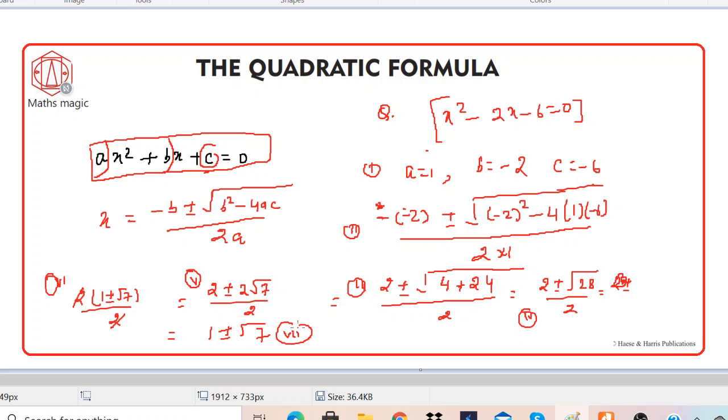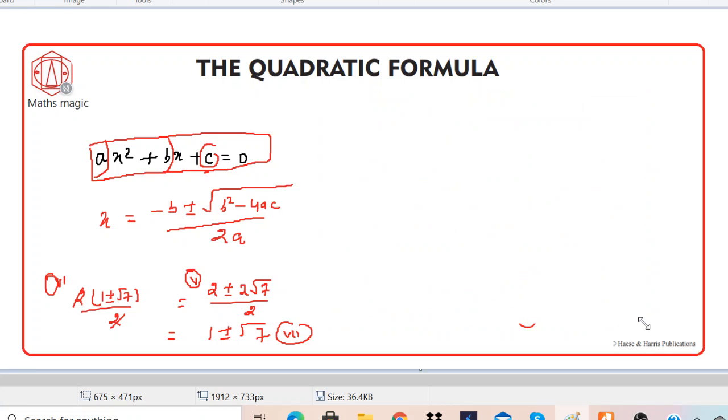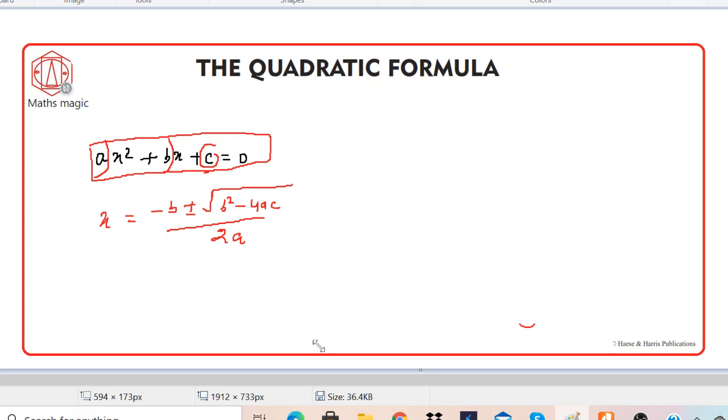Okay, I'll give you one more example so that it will be more clear to you. For example, sometimes you don't have your equation in the proper format, like it's not arranged as it's arranged over here. So let's see, we are having some question like this.